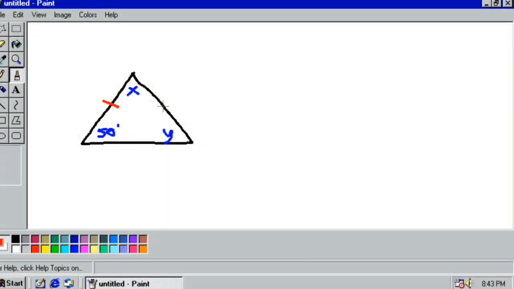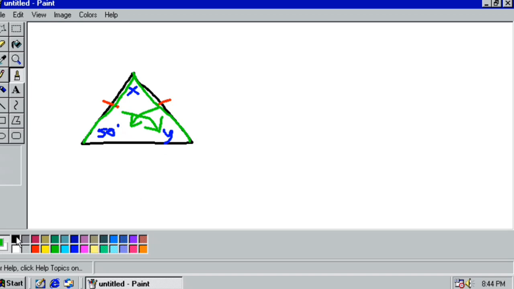Okay, let's have some problems here. We have a triangle problem. Let's find x and y. As you can see, this angle here and this angle here have the identical tick, which means the opposite angles are the same.